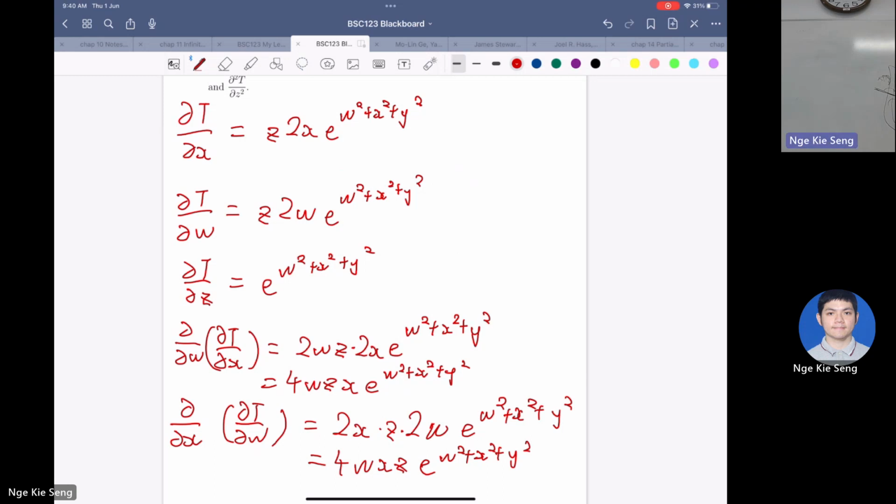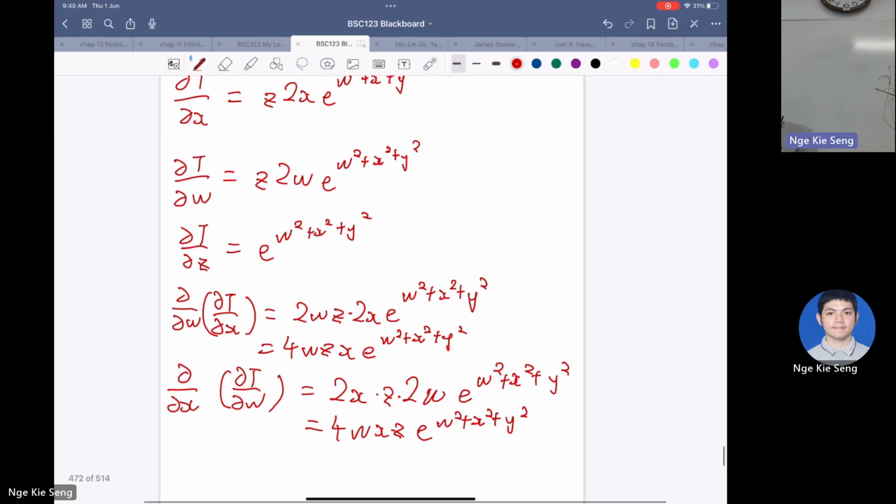Unless you go through the original definition, which is the limit. Unless the question says it is continuous and asks you to find both of them, then you say by continuity, both of them are equal.